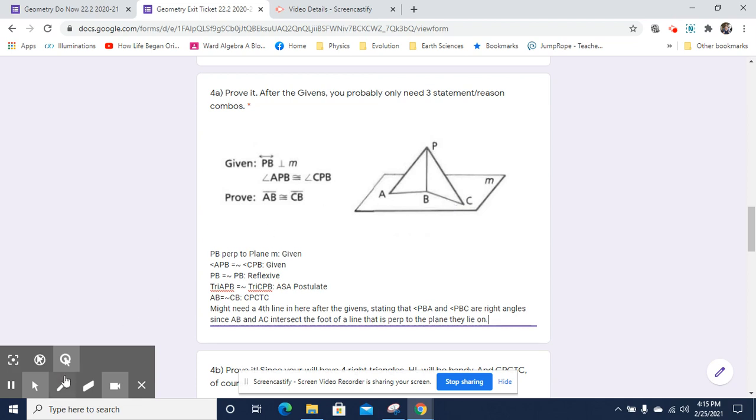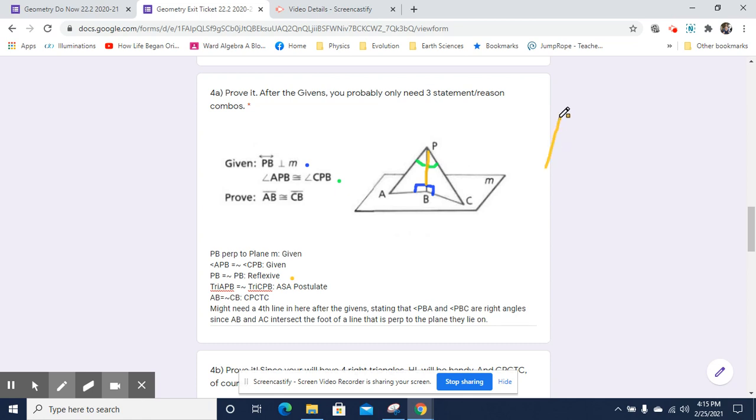So let's go ahead and label some of the stuff that was given to us. This tells us that this is true. This is the first given, okay? And then the second given tells us here that these angles are congruent. Okay, and then we can say that PB is congruent to itself here by the reflexive property. And then we can say that these two triangles are congruent by ASA.